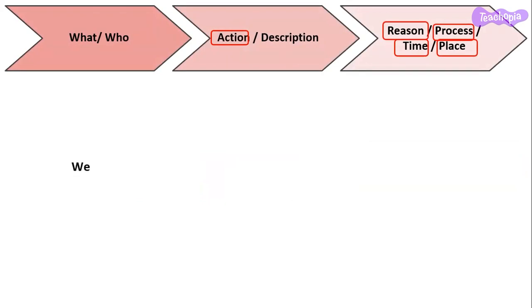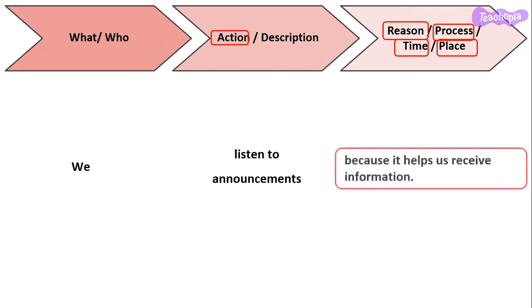We are talking about we. What is the action that we are talking about? Listen to announcements. Now, if I want to add information about why we listen to announcements, or the reason we listen to announcements, it's because it helps us receive information. So my sentence is, we listen to announcements because it helps us receive information.